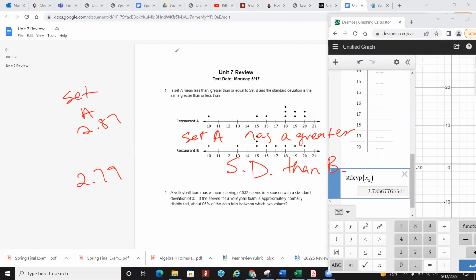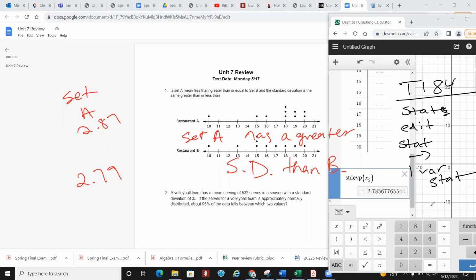I would maybe use your TI-84 instead. For your TI-84, remember you hit stat, edit, and type your list in. Then hit stat, right arrow, and then it's one-variable stats.